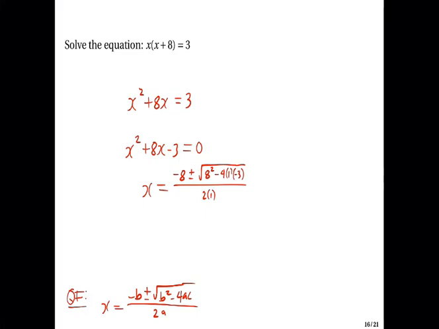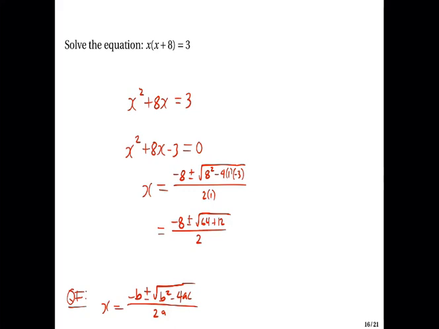So we simplify. We have negative 8 plus or minus square root of 8 squared, that's 64. Minus 4 times 1 times negative 3, that's plus 12. And then divided by 2. Okay?